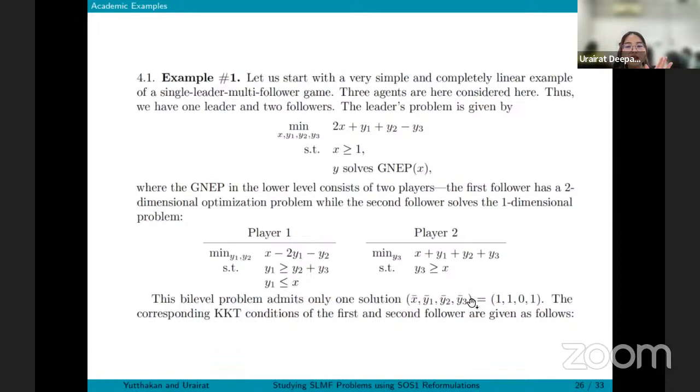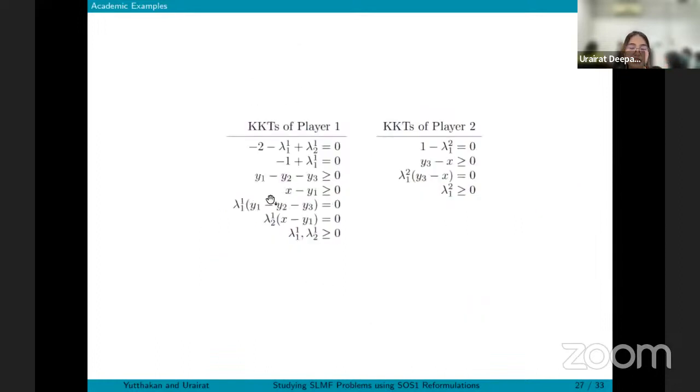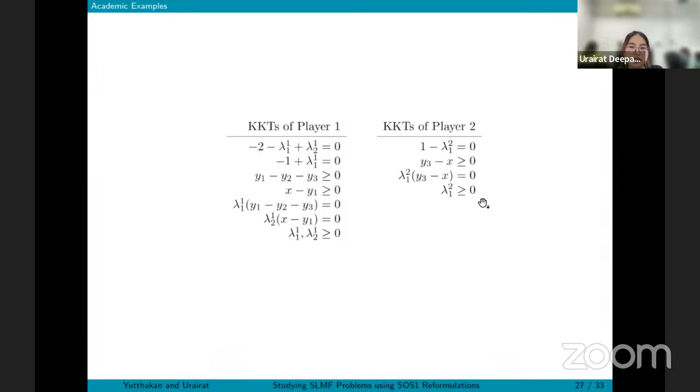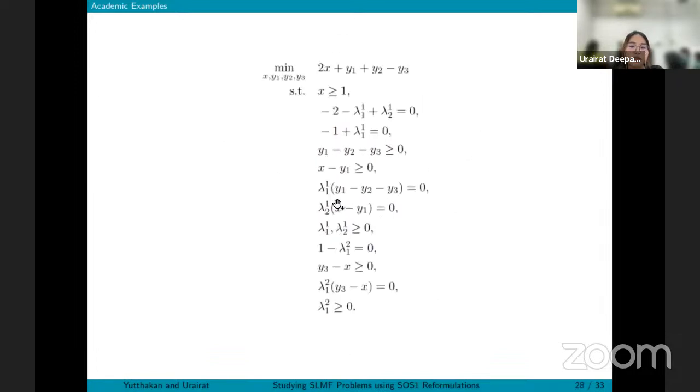So we use the KKT conditions to change the form of the follower problems, getting this for player 1 and this for player 2. We write them together, formulated by the KKT, and write it back to the problem.